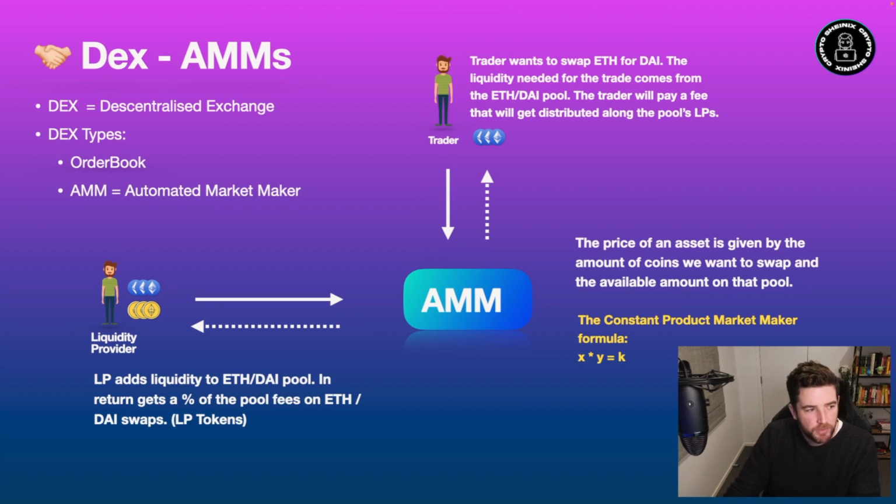The innovation around this is what is called the constant product market maker formula. You will see this formula around, and the most basic formula describes a price curve that is x times y equals k, with k a constant, x the amount of tokens in the pool, and y the other amount of tokens in this 50-50 distributed pool.